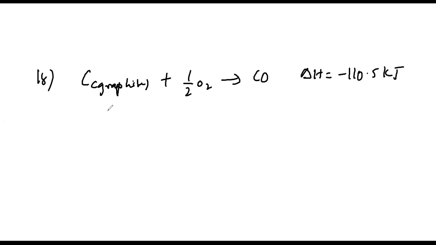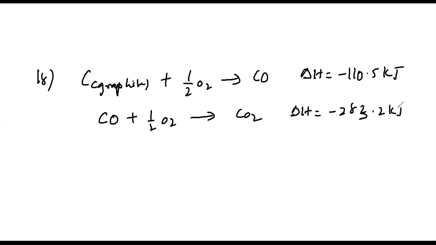Next, combustion of carbon monoxide: CO plus half O2 gives rise to CO2, delta H is equal to minus 283.2 kilojoules.